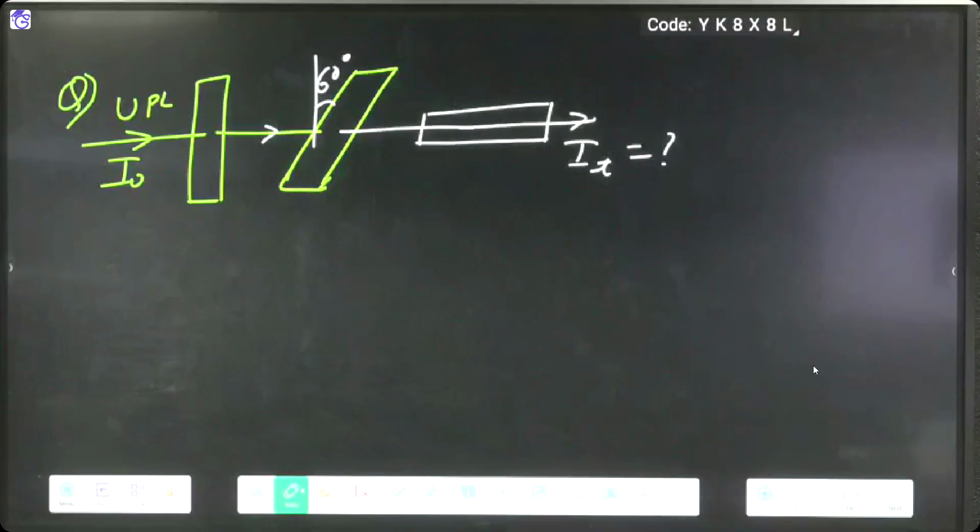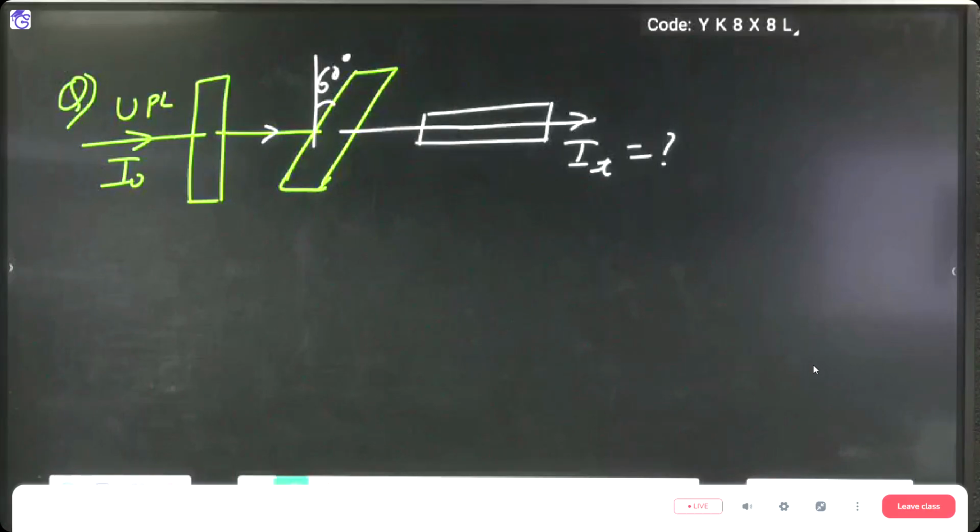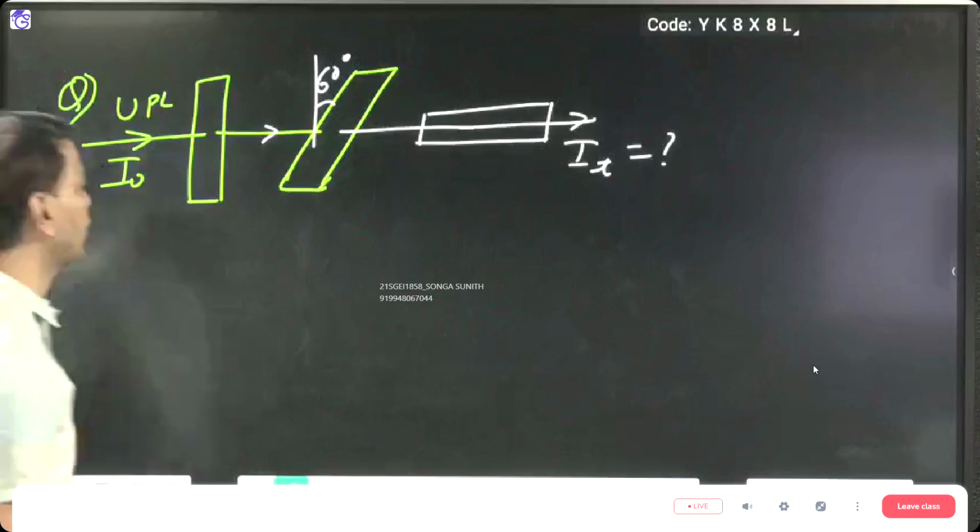Third, 3 I naught by 16. Something you are missing. I naught, 3 I naught by 32. 3 I naught by 32 is the answer.